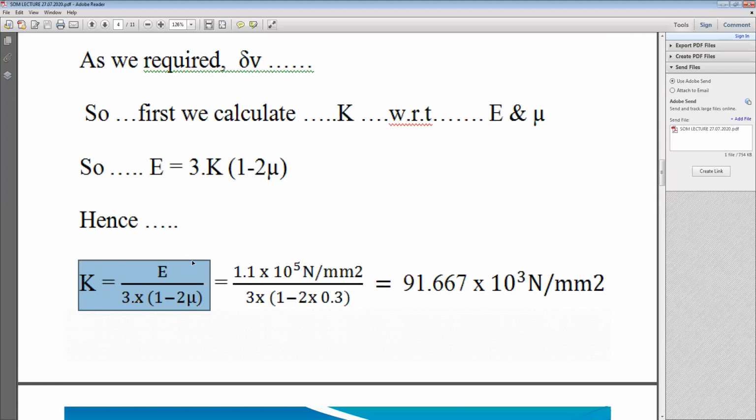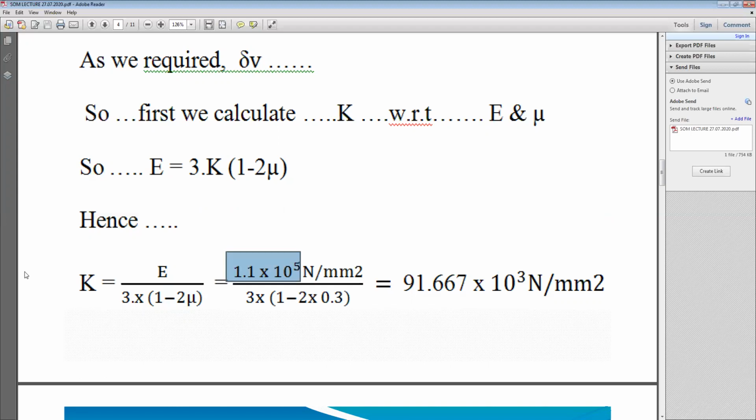So what is the quantity of E? The amount of E is nothing but 110 GPa. 110 GPa means 110 into 10 to the 3 MPa, which means 1.1 into 10 to the 5 MPa. So 1 MPa is equal to 1 Newton per mm square. So we can directly take it as 1.1 into 10 to the 5 Newton per mm square.